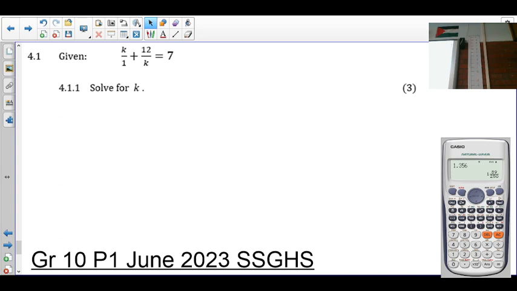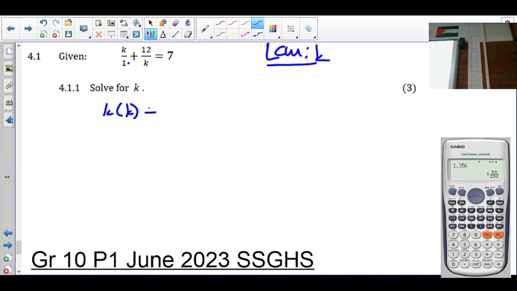People, what's your LCM here? K. LCM is k. So that must be multiplied by k. So it's k times k, plus that must be multiplied by 1. That's 12 over 1, that must be multiplied by k. So it's going to give you k squared plus 12 is equal to 7.